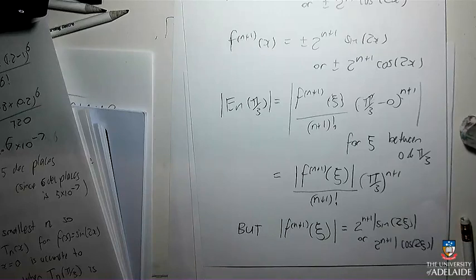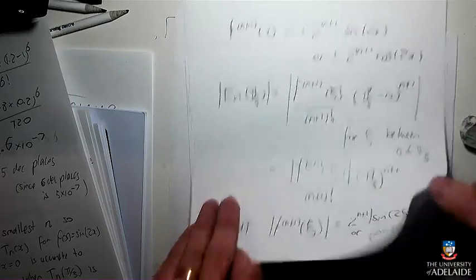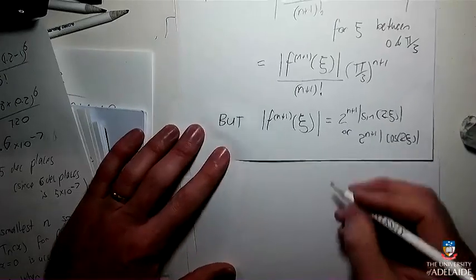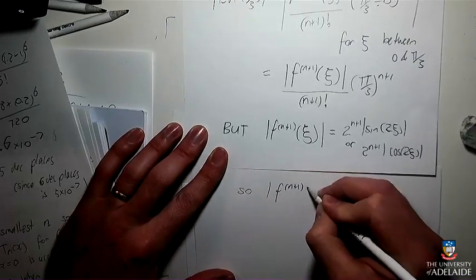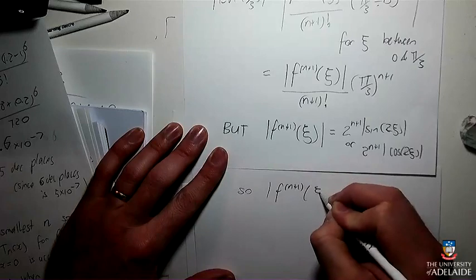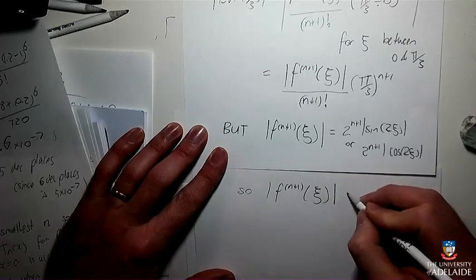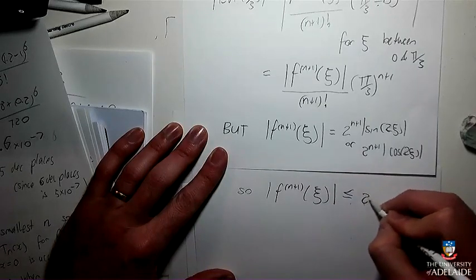Now here's the magic trick. I don't care what psi is, because I know that sine of anything is always less than 1. And I don't care what psi is because I know that cos of anything is always less than 1.